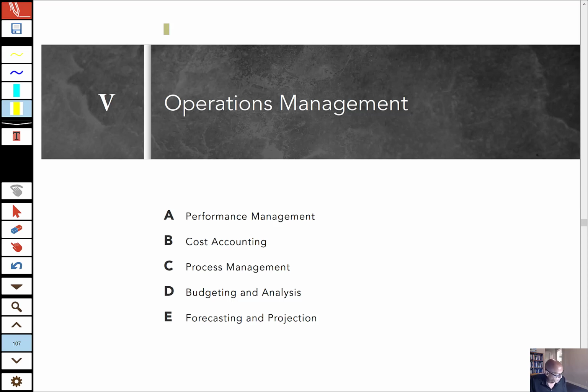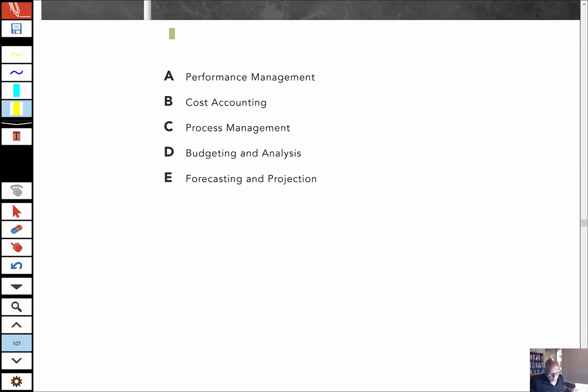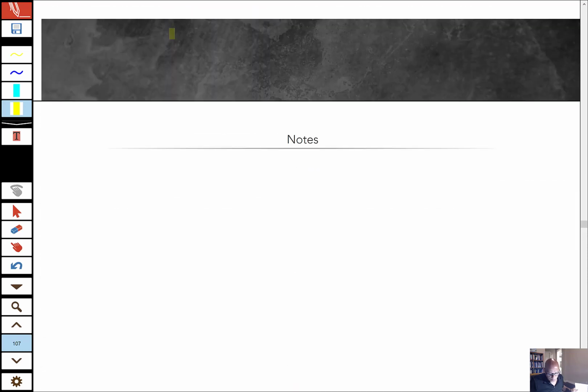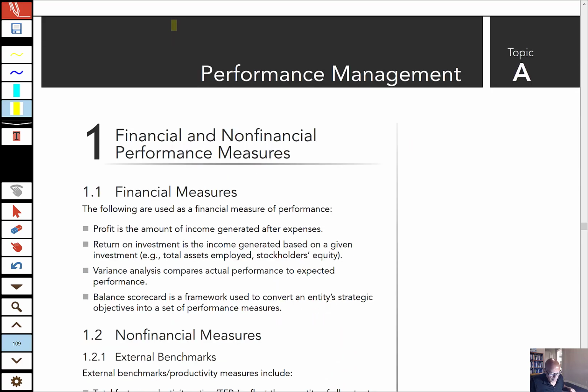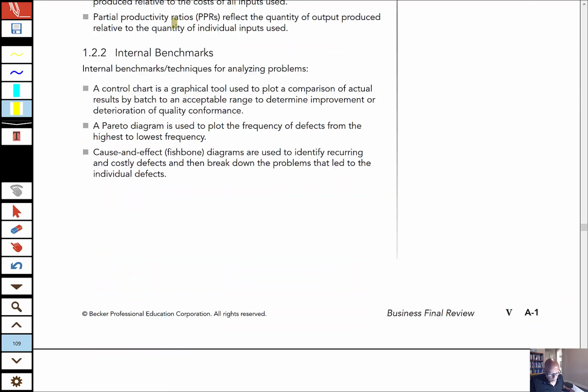So this is the section that we're going to focus on, and we've got this performance measurement section here up front, and they start talking about financial measures, non-financial measures, and then here come the ratios. Okay, guys, so I'm not going to spend a lot of time with those.